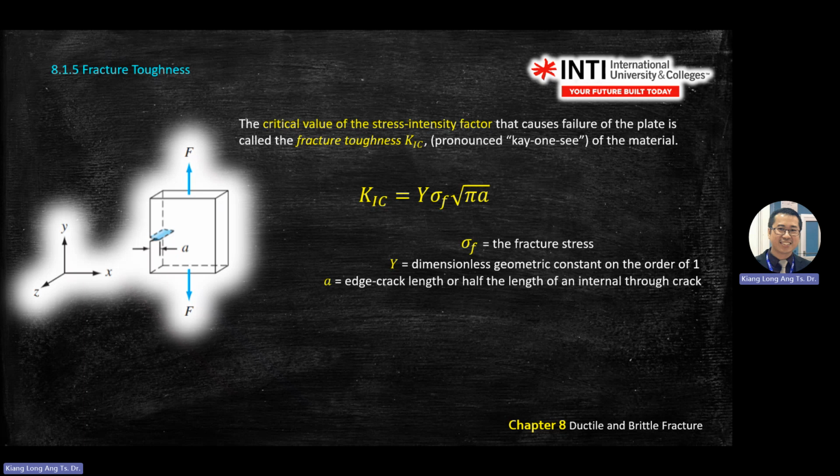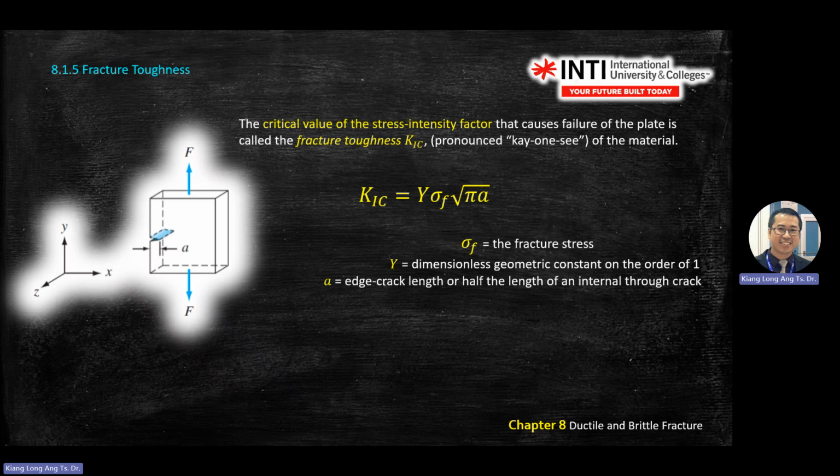This one is failure already. If the value is below KIC, what happens? If the value is below KIC, the object hasn't failed yet, but the crack has started to extend already.